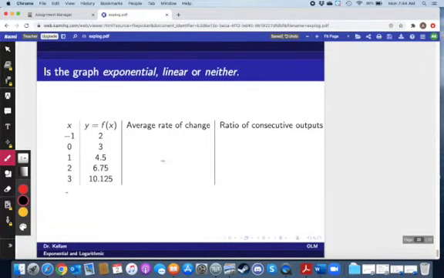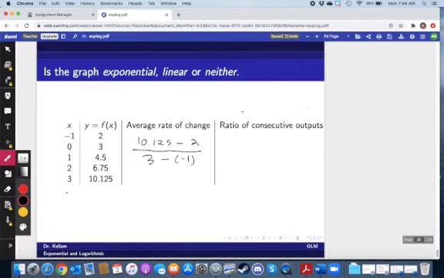So this is not an arithmetic sequence. But let's go ahead and write down the calculation for the average rate of change. So 10.125 minus 2 over 3 minus negative 1. And we can simplify that down momentarily.